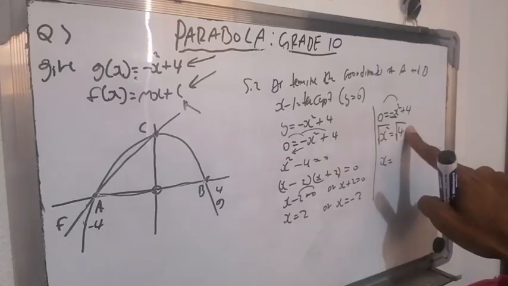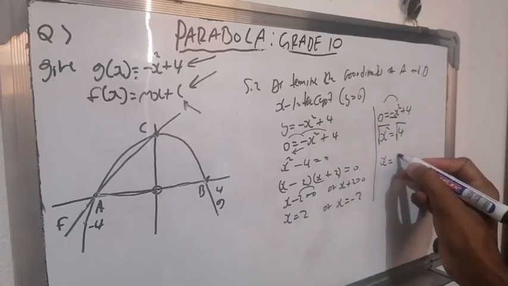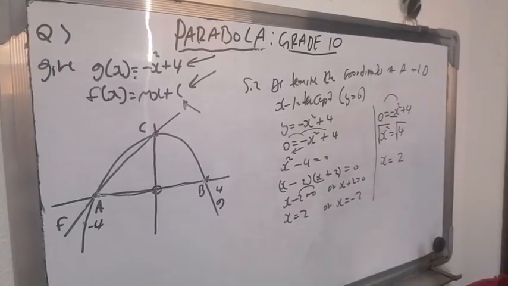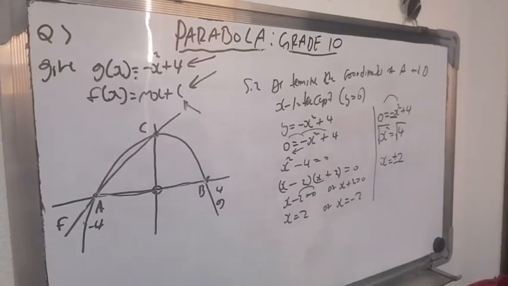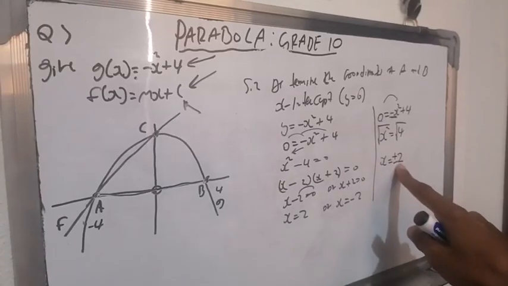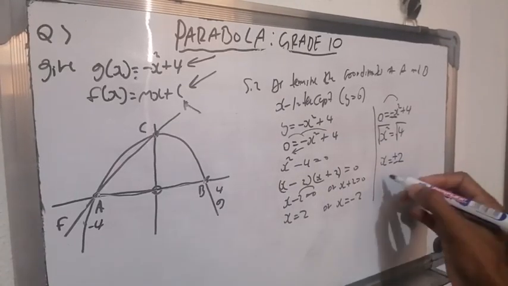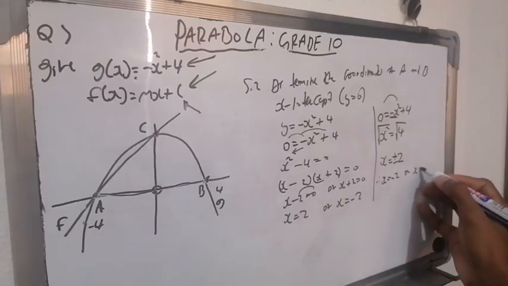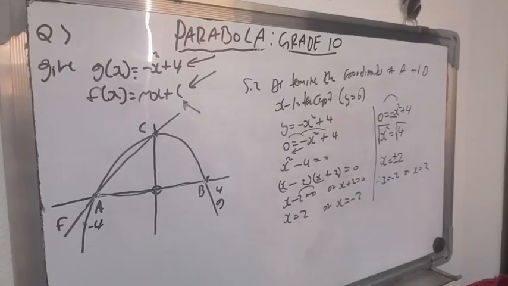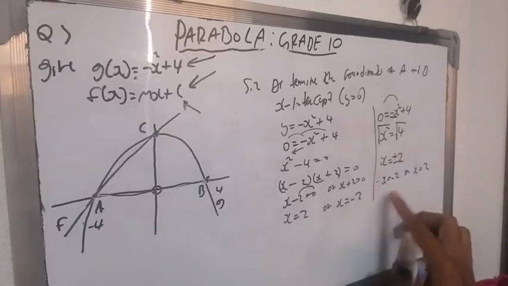And then if you find the square root of 4, it will give you 2. But remember, the square root means you have a number with different signs. So it's a positive that number and a negative that number. That means x is equal to negative 2 and another x is equal to 2. So you can choose between these two methods.